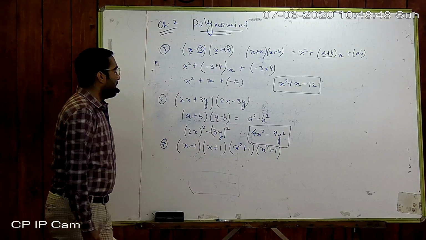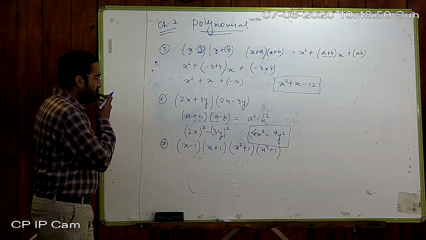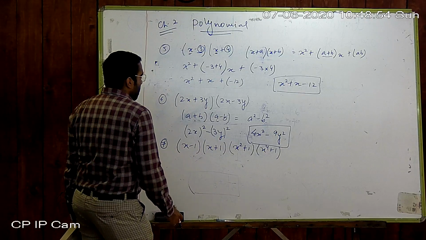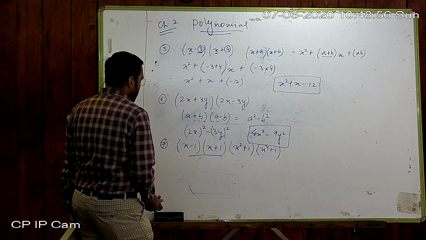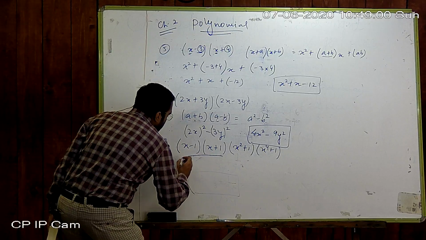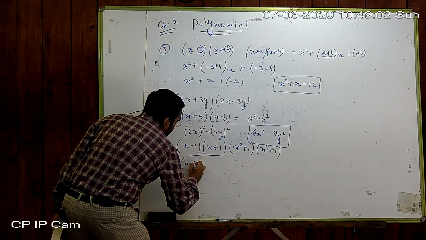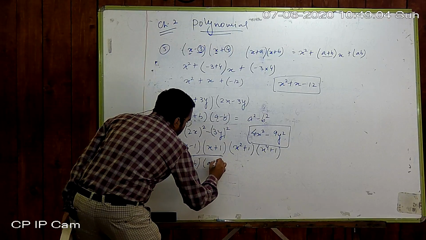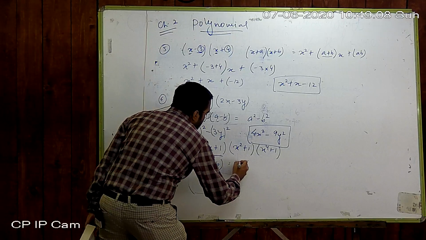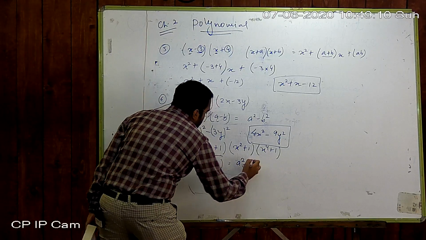Okay, here you can see there are 4 brackets given. We can use first two. So in first two brackets you can see that here is a minus b and a plus b are given. Okay, so my answer is a square minus b square.